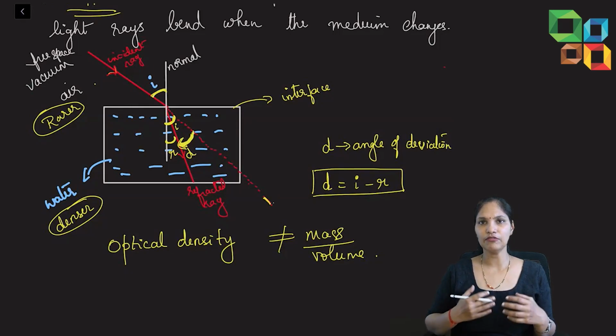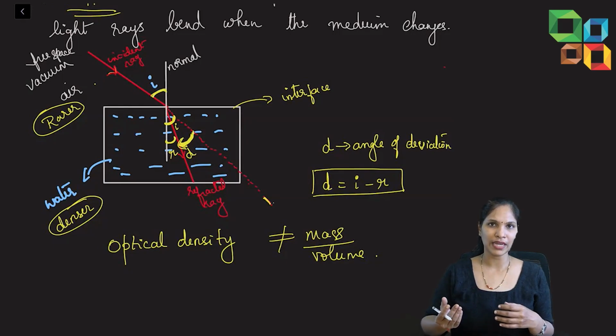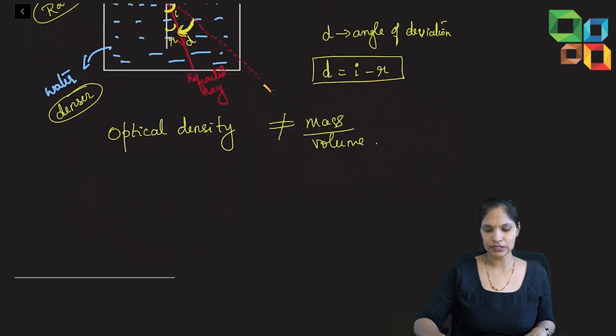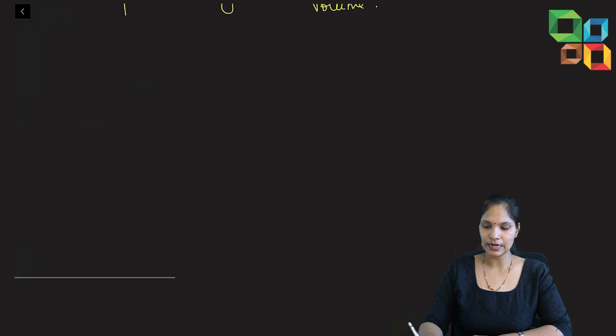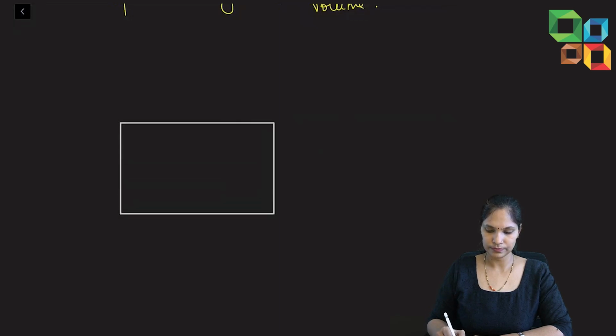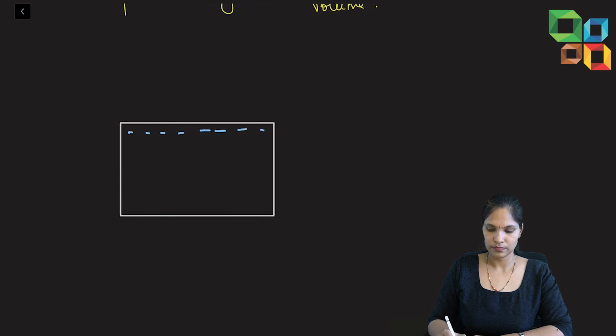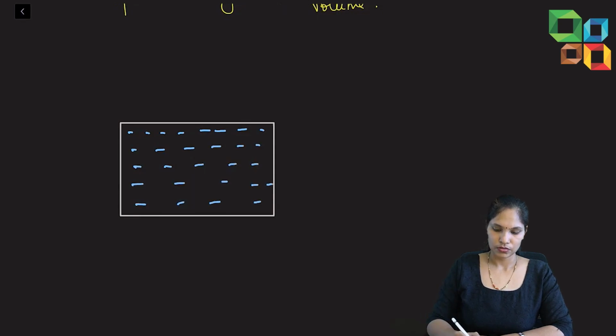Before that, we'll just see the figure, like if the light was going from water medium to air medium, how it will look. Let's just have an understanding of it. So let's take water medium. Okay, so this is water medium.